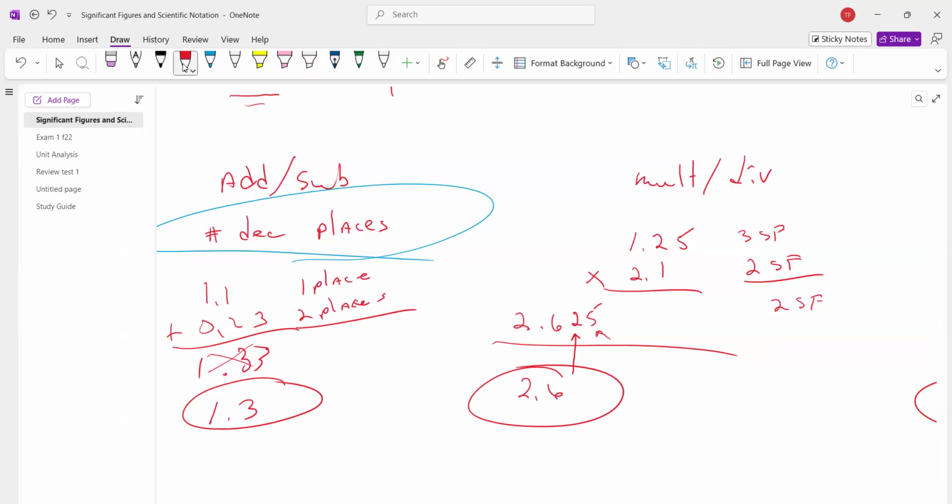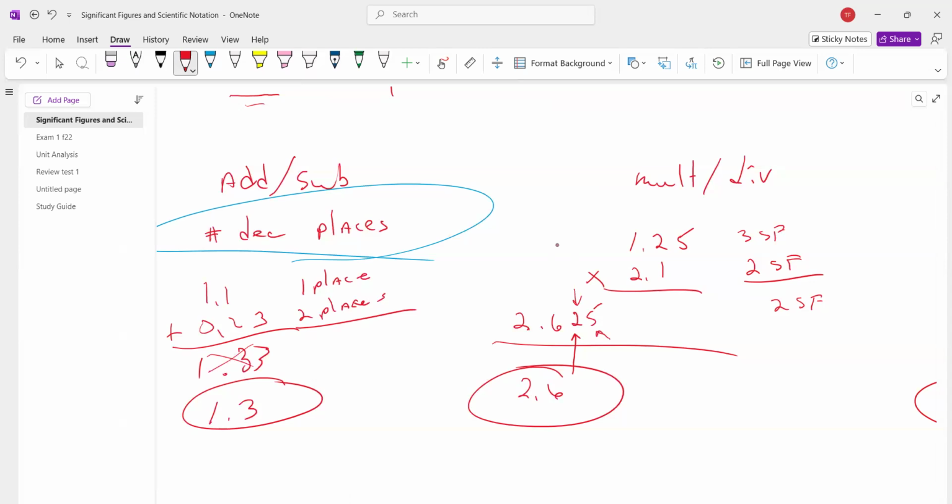However, 125 is 3 sig figs, 2.1 is 2 sig figs, so our answer is going to have 2 sig figs. So we go to the third place, and that determines what the second place will be. If it's 0 to 4, we drop it.